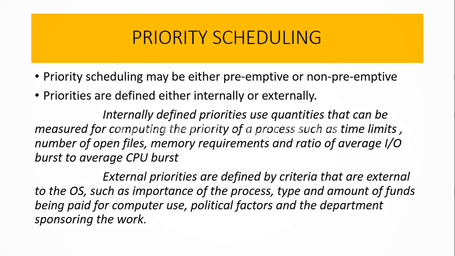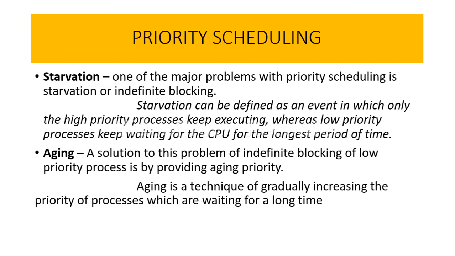Now let us discuss one more point when talking about priority scheduling, which is the problem of starvation. The problem of starvation is that certain processes wait for a longer period of time for getting the CPU so that they can get executed.